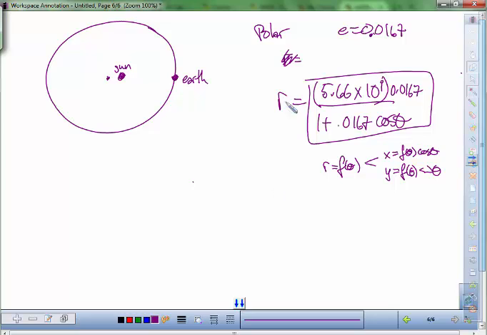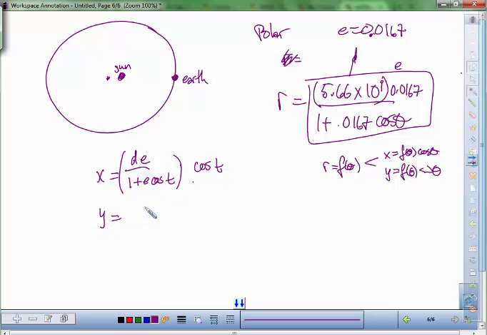Now what we're going to have here is a parametric equation. R is equal to this big thing, and I'm just going to call this D and E for now. So x equals DE over 1 plus E cosine, and then instead of theta, I'm going to call it t, times cosine t.